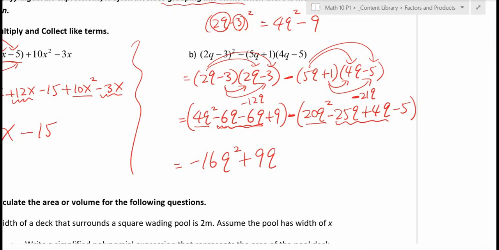So it's -12q plus 21q, which gives you positive 9q. Finally, we have 9, again, minus -5. So minus negative again turns into a plus. That's 9 plus 5, which is 14. So be really careful with the minus sign here. That usually gets students.